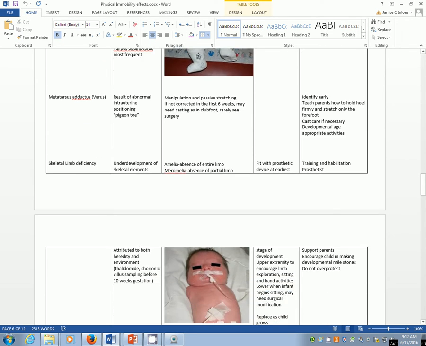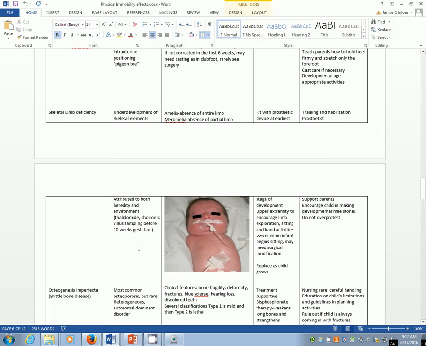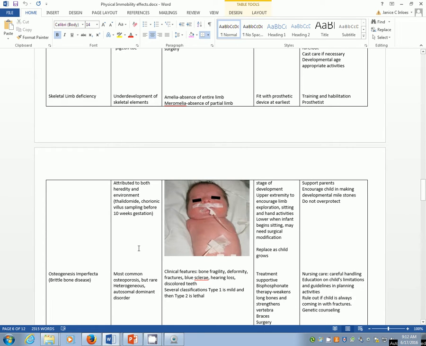One thing that breaks our heart a lot are the skeletal limb deficiencies when children are born without arms or legs, or partial arms or partial legs. It's usually underdevelopment of skeletal elements. Can be hereditary, can be environmental.